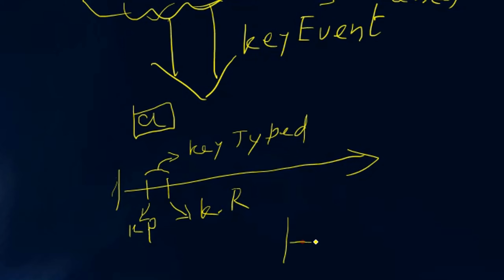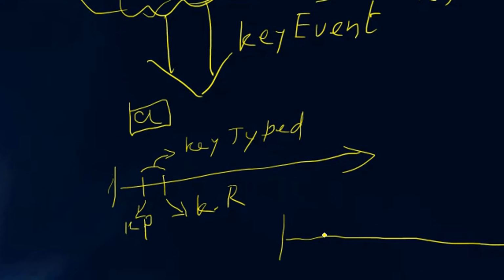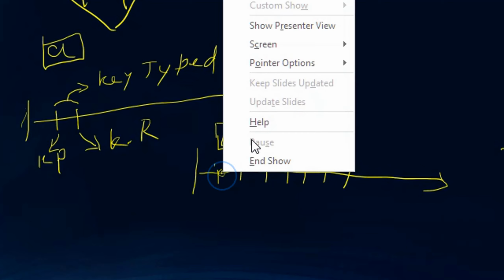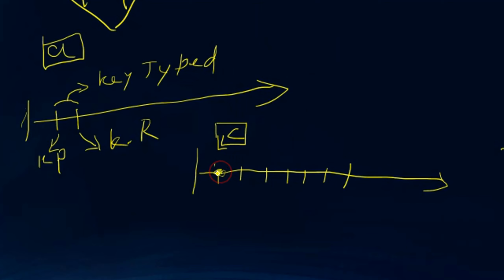Let's say once again we have the timing, and this time you are using the keyboard character C, and you are holding down that C and not releasing it for a long period. Here you started pressing it, and then here you released the key.